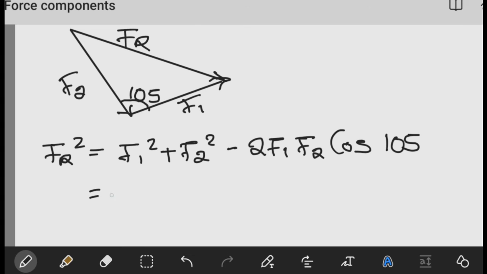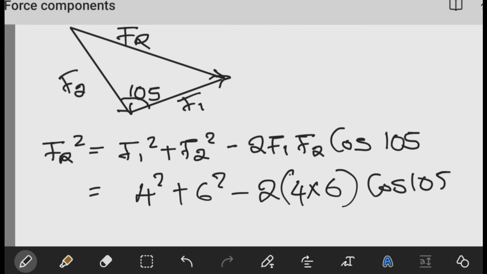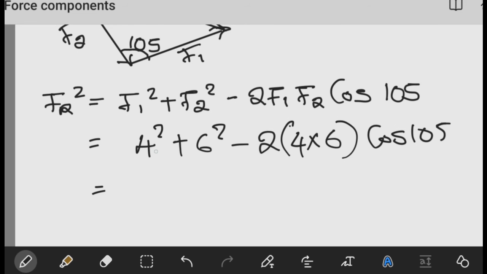From here, we easily do the math. F1 is, from the question, 4 kilonewtons. So I'll bring the square root later on. So we have 4 squared plus 6 squared, F1 and F2, then minus 2, and then we have 4 times 6, then multiplying cos 105. So do the math here.